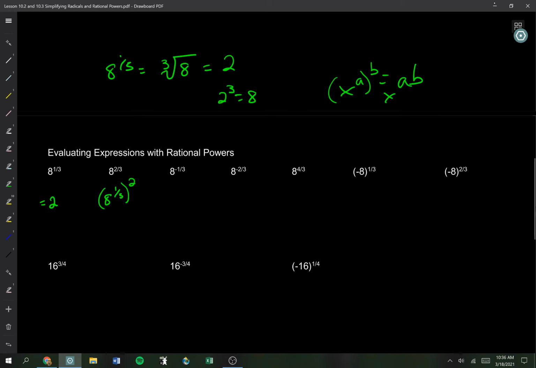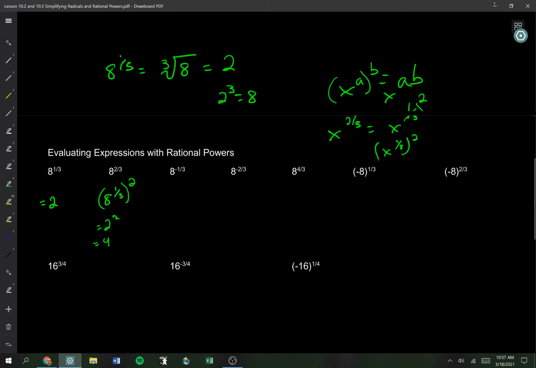I can also turn that into something like x to the 2/3 is the same as x to the 1/3 squared. I'll write it down here. So if I know that 8 to the 1/3 is 2, then 8 to the 2/3 is going to be 2 squared, which is 4.